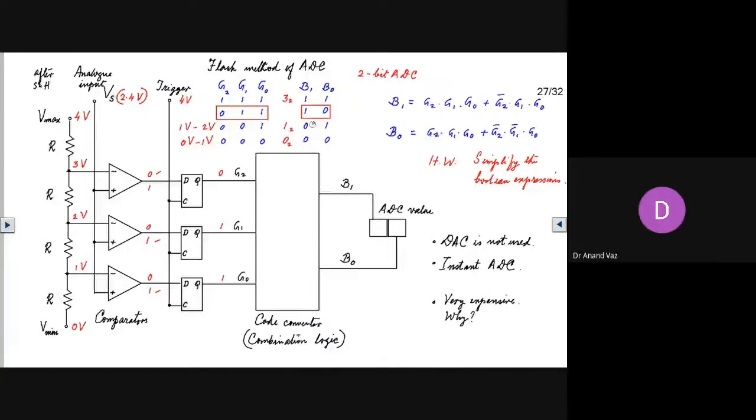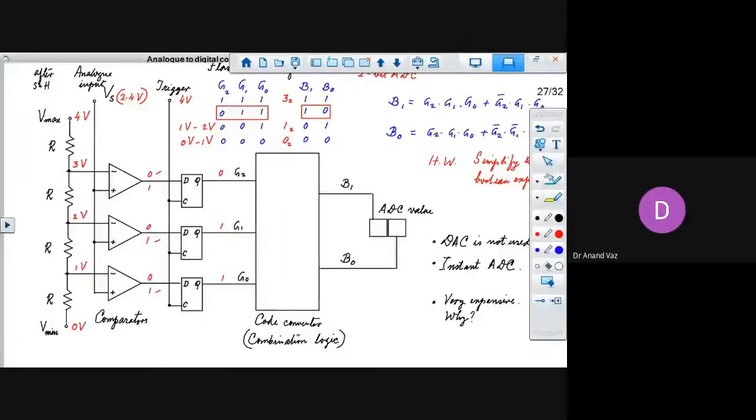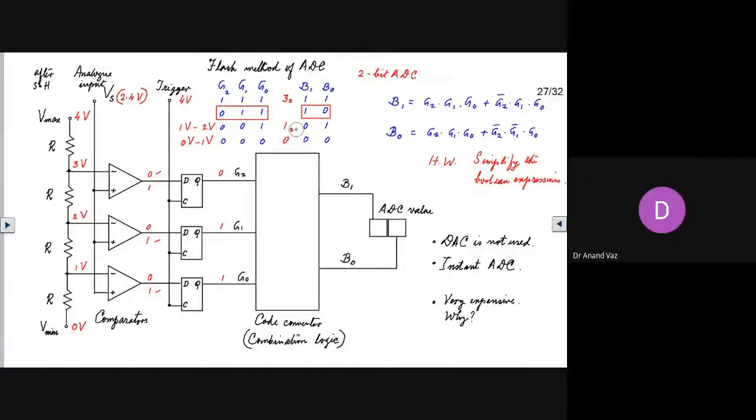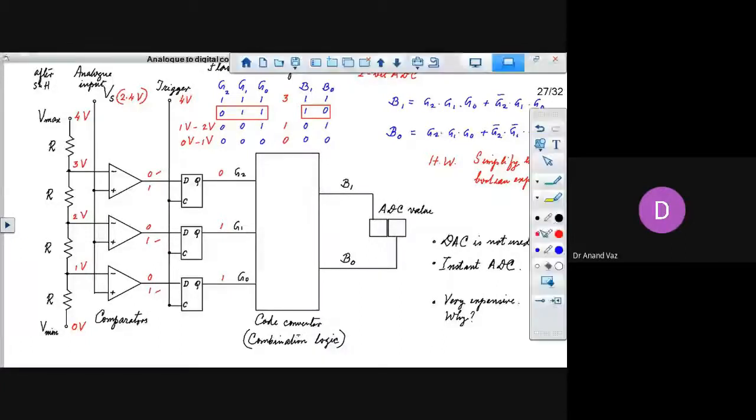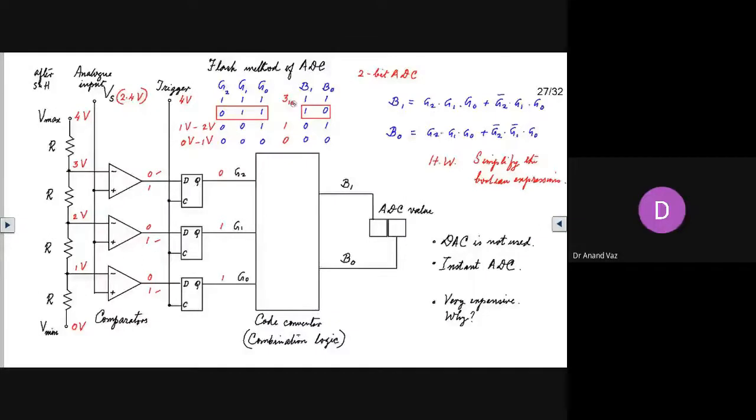I'm sorry, this should have been the decimal. This is the binary representation, and this is in the decimal.